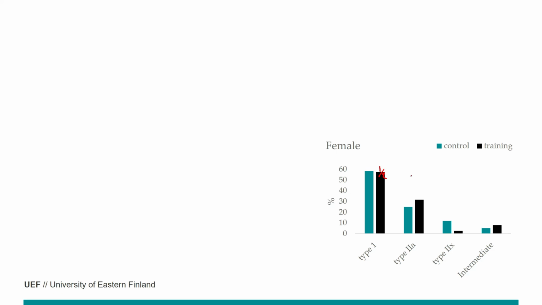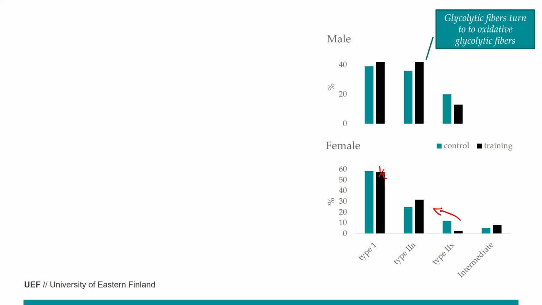But there is a shift from 2X to 2A, as well as in the males. So it's not about the sex hormones, it's about the modulating of the muscles with the exercise. So these glycolytic fibers turn to oxidative glycolytic fibers.